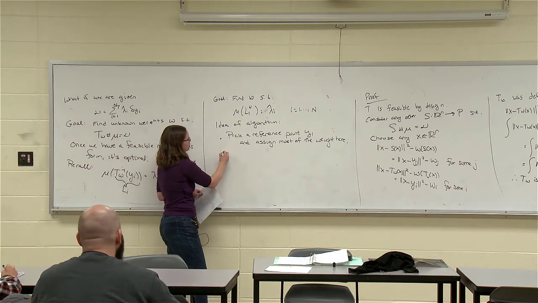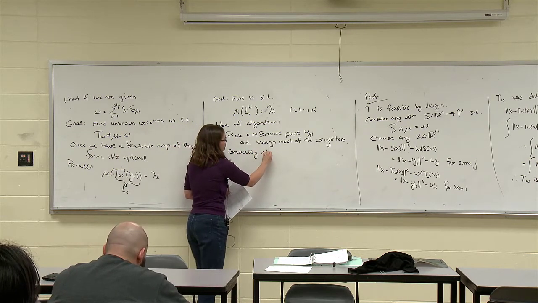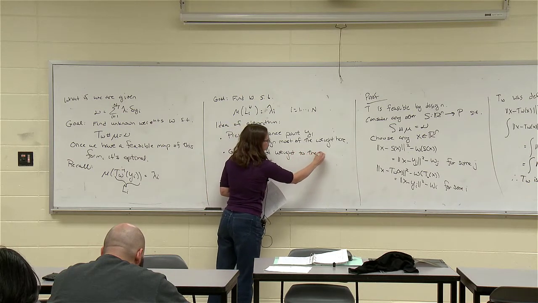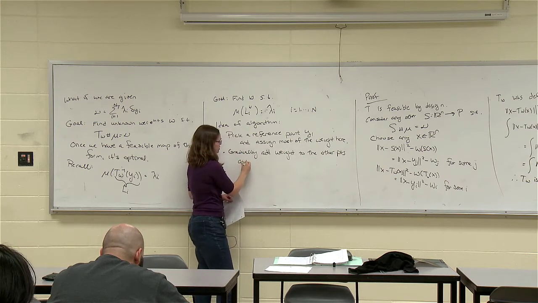Then what do we do? We gradually add weights to the other points, and recompute these Laguerre cells.